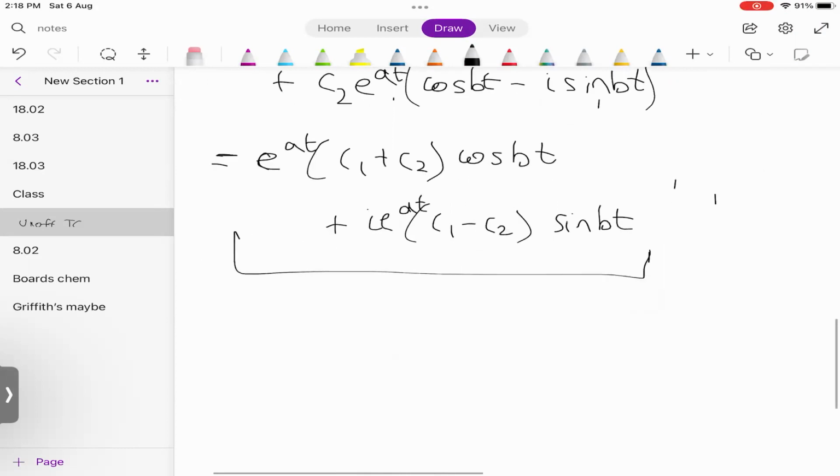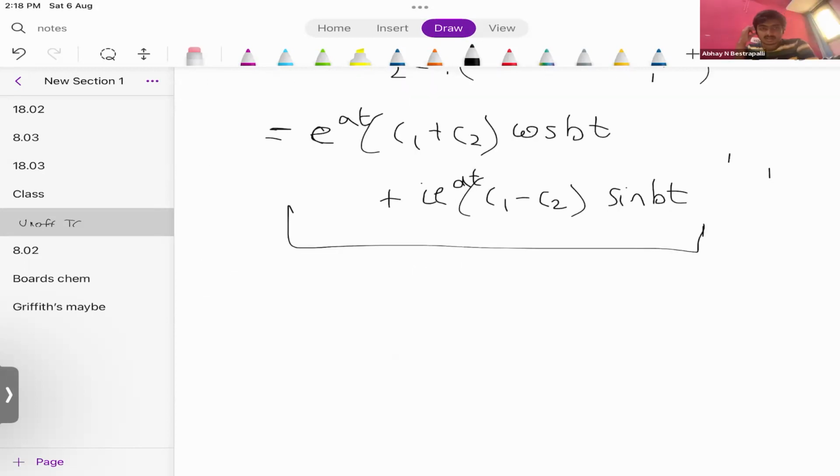So C1 plus C2 and C1 minus C2 are again random constants because, for any of these values, you can solve for the others. When you substitute this into the original equation, the i doesn't change. The i acts like a placeholder. When you differentiate this once or twice, the i stays the same.